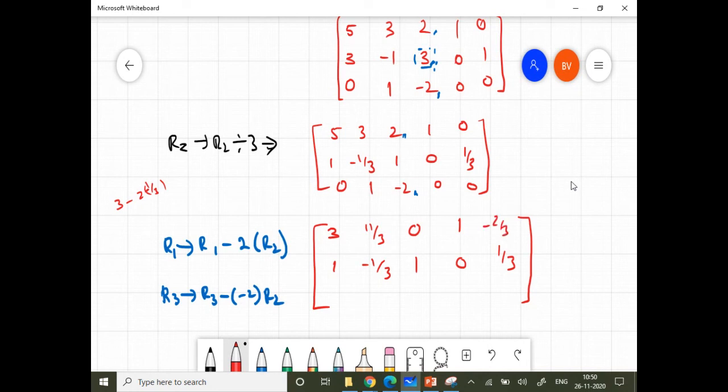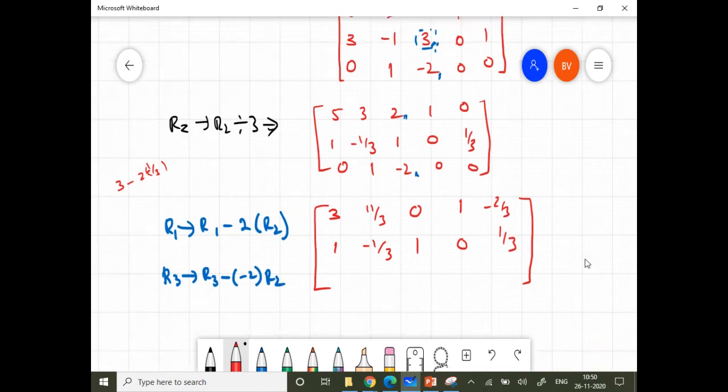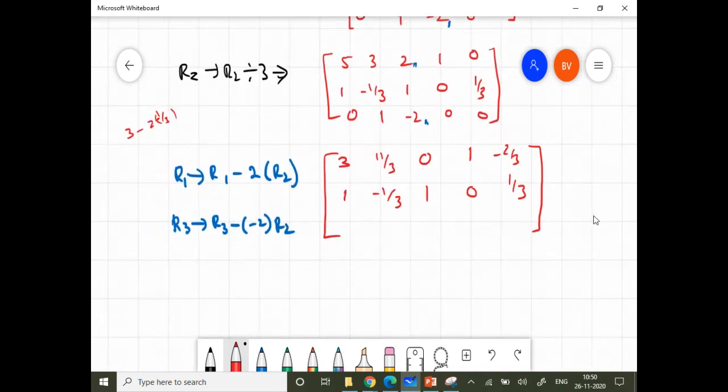I have directly written this, you can calculate by our method. First write this row, then minus 2 times this row, multiply minus 2 inside and subtract one by one. Third row. This formula is nothing but R3 plus 2 times R2. Where is R3? R3 is here, plus 2 times 1, 2.